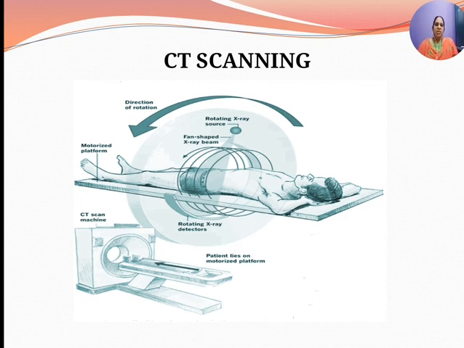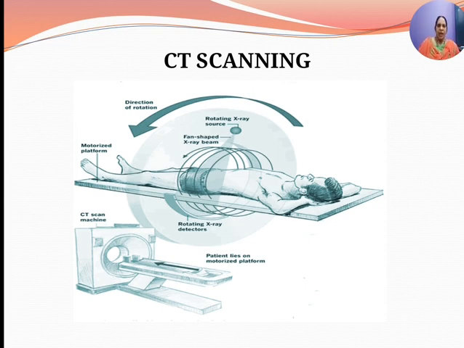So this is your CT scanning process. You can see in the figure, the patient is placed on a couch, and then you have the motorized platform, that is the gantry or the opening of the gantry. You can see the CT scanning machine.